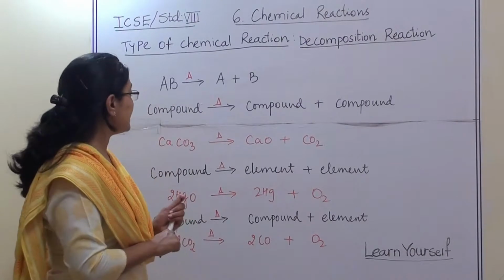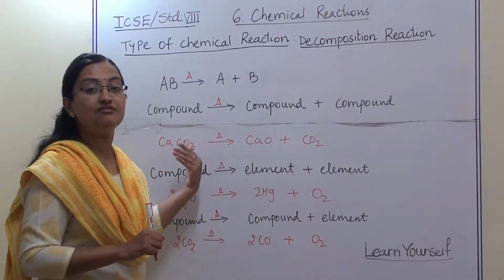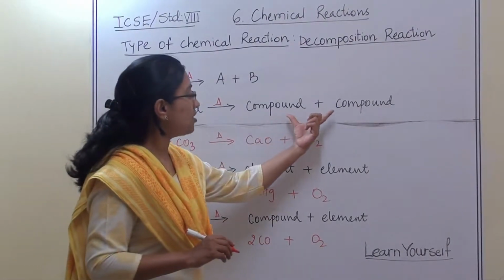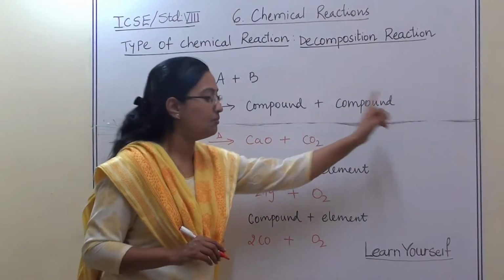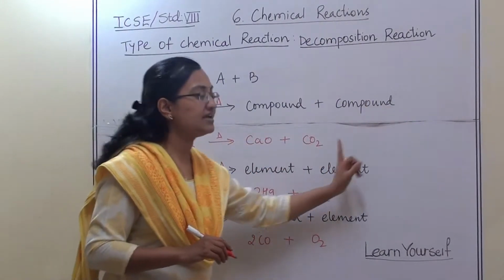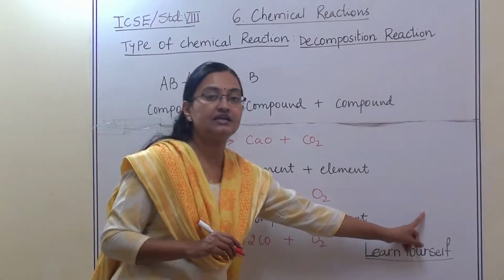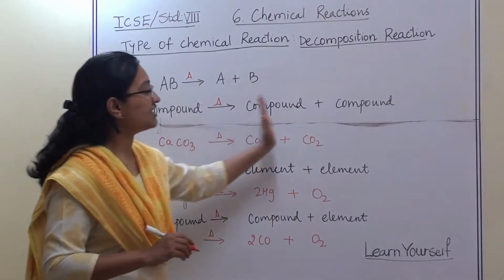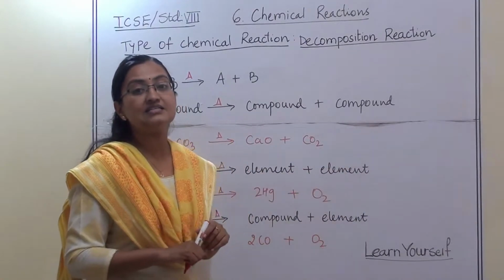If you see carefully, all these types of reactions are exactly reverse to the combination reaction. In combination reaction we took compound plus compound and we were getting a compound. Element plus element and we were getting a compound. Compound plus element and we were getting a compound. Here we are taking a compound and getting either compound or element as a product.